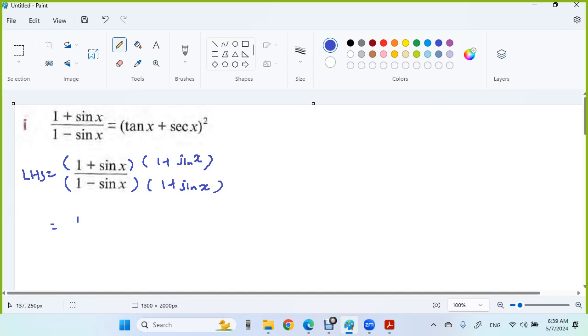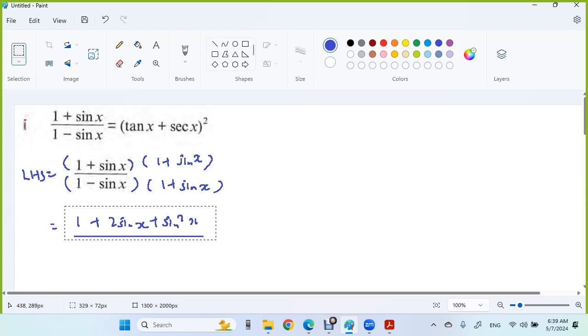Then this will be the 1 plus 2 sine x plus sine square x over the 1 minus sine square x. A plus b, a minus b, becomes a square minus b square. 1 square minus sine square.